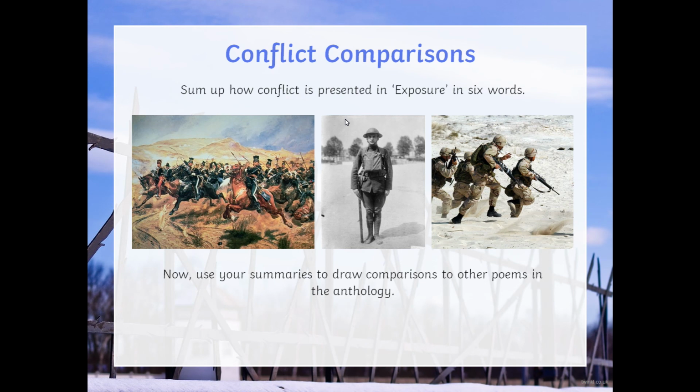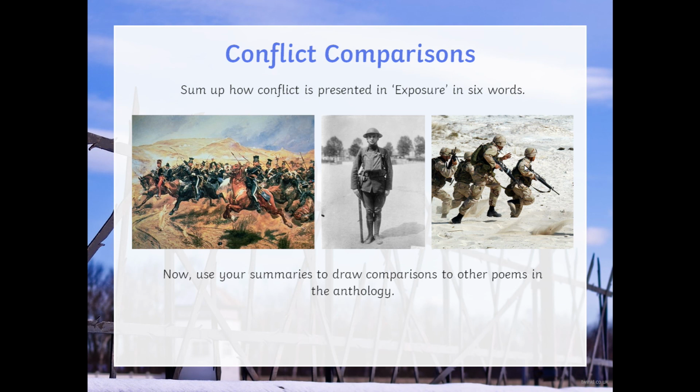Now we've got comparisons of conflict, right? So if you look here, the first is the charge of the Light Brigade. Then we've got the kind of World War I exposure soldier, and then we've got much more modern warfare that you're more likely to see in Remains, right?